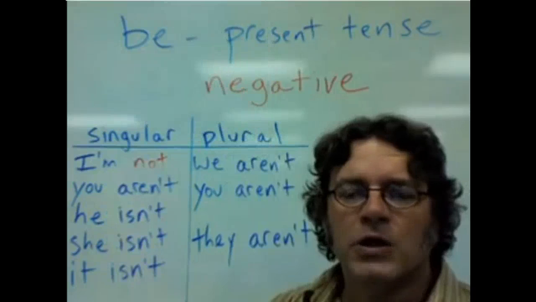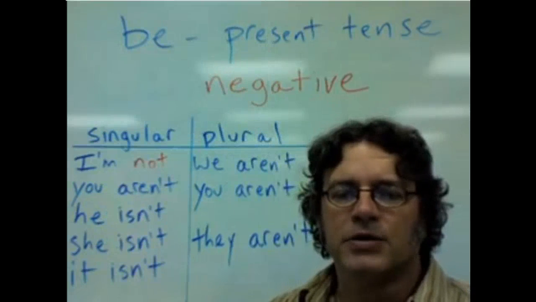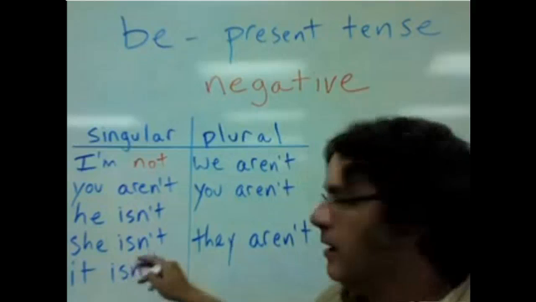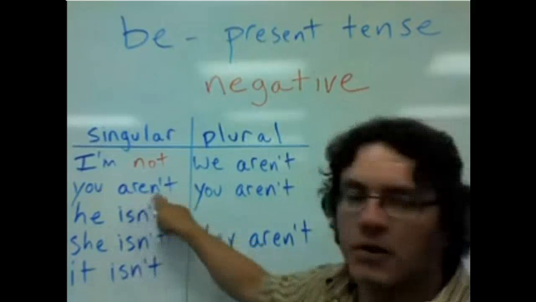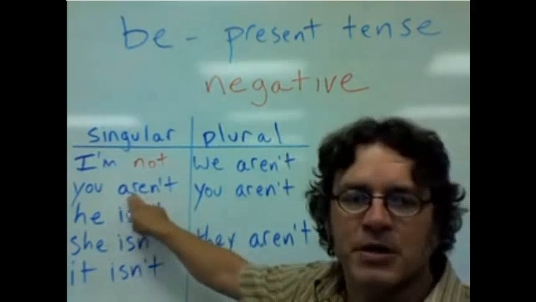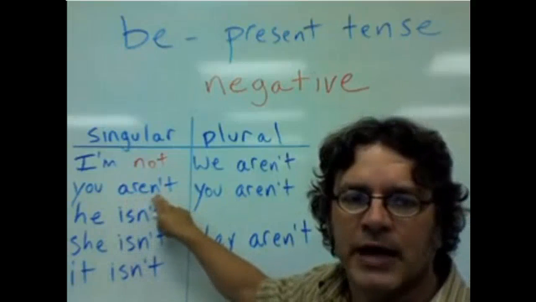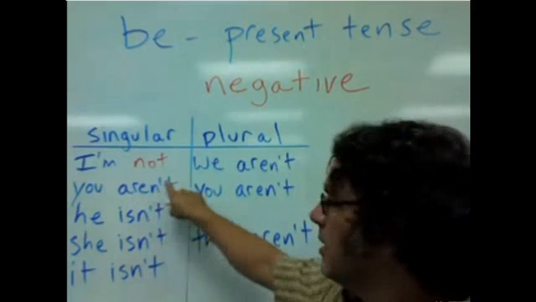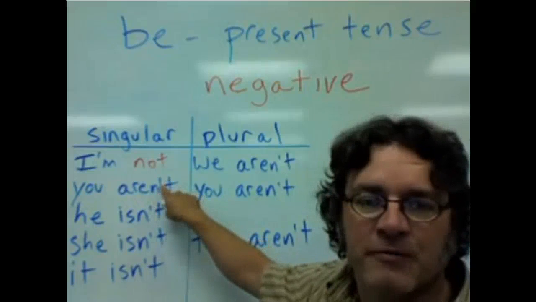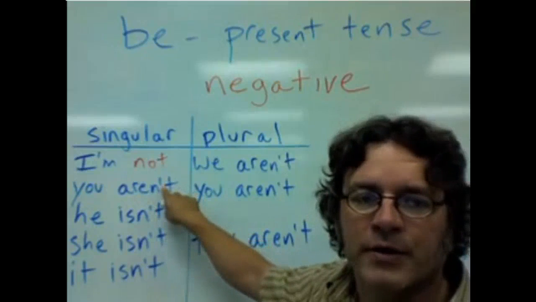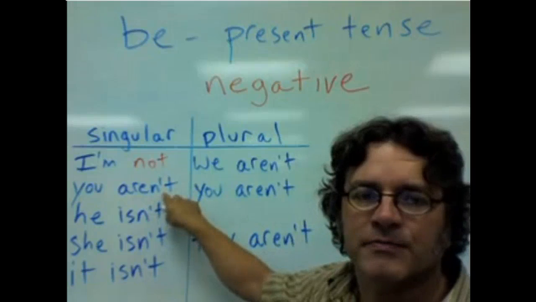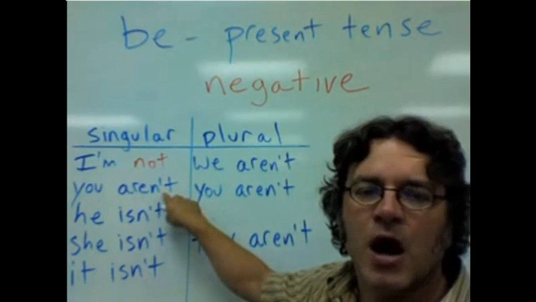Or you can add not to the verb be, and the contraction is right here. Here's the verb be, are, and the word not in the form of a contraction. Here's an apostrophe that represents the O in the word not. You aren't.